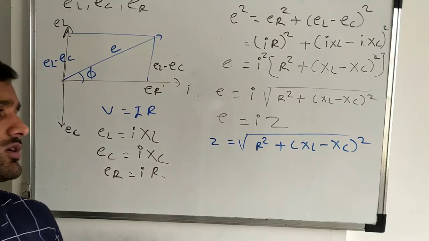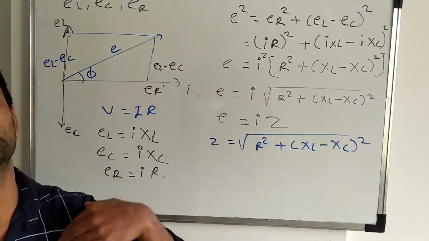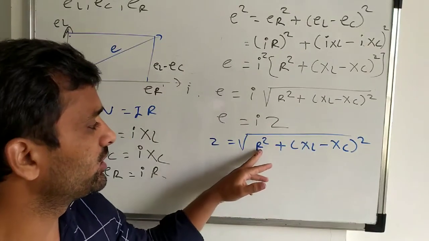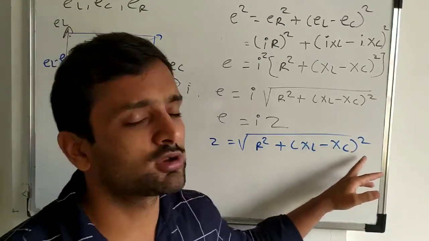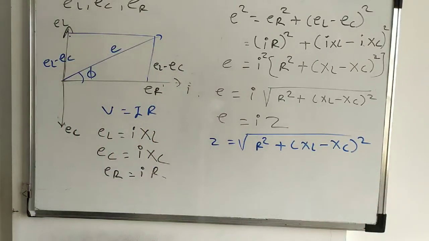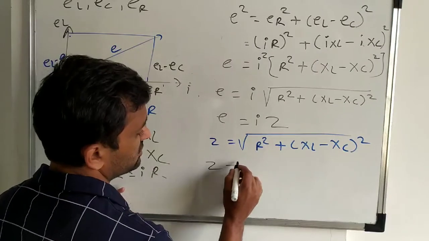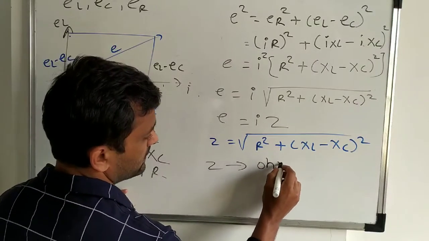Impedance is nothing but the resultant or the total opposition offered by resistor, inductor and capacitor. So this is the equation for impedance. What is the unit of this impedance? The unit of the impedance is ohm.